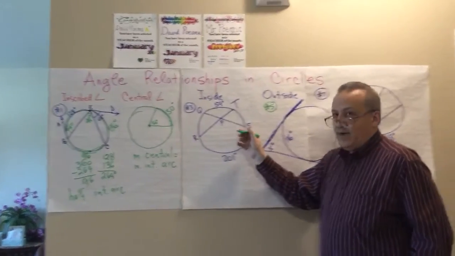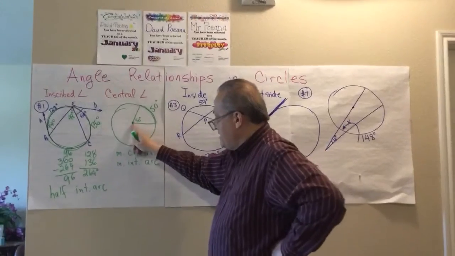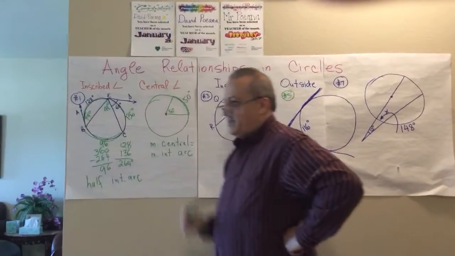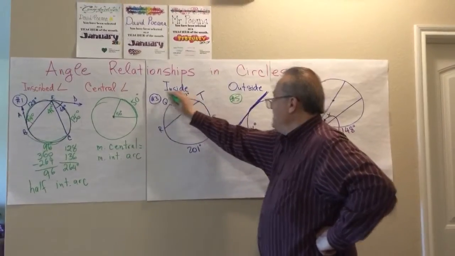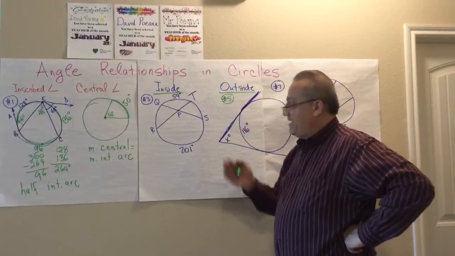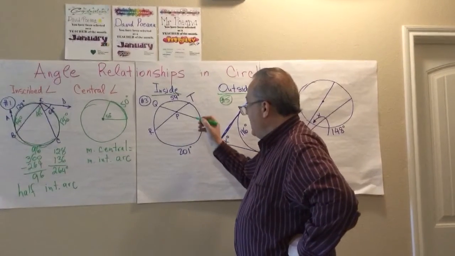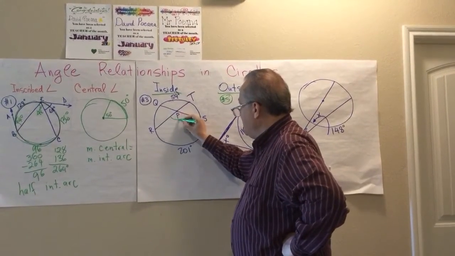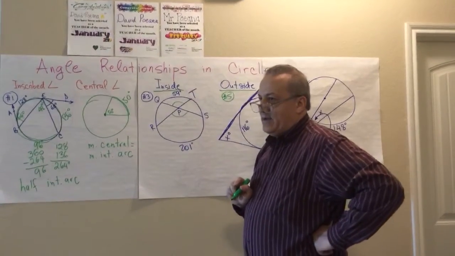We now come to the angle that is neither in the center nor on the circumference. Where is it? It could be either inside or it could be outside. Everybody say inside. If it's inside, I need this angle right here, which is the same as this one. Why?